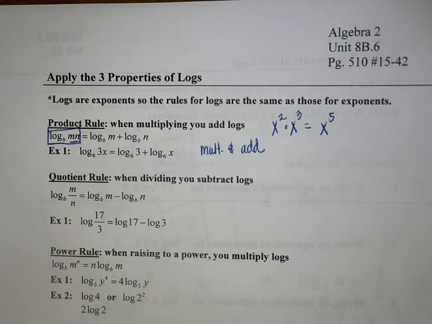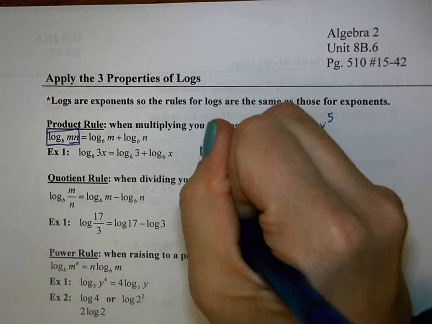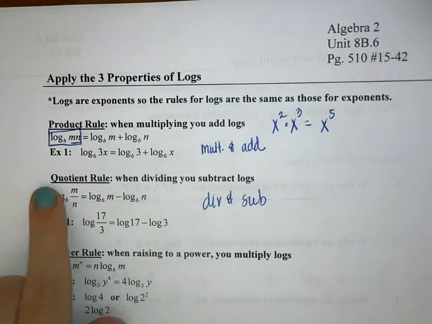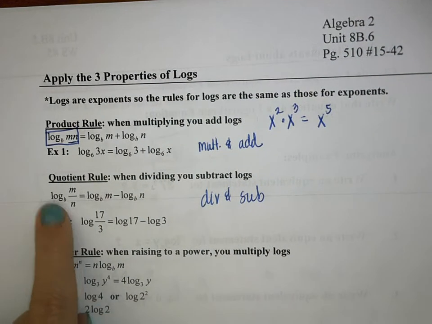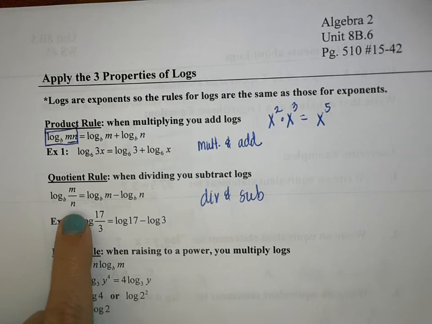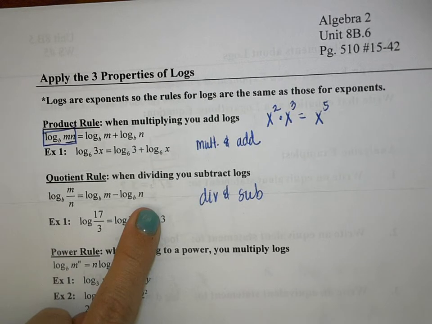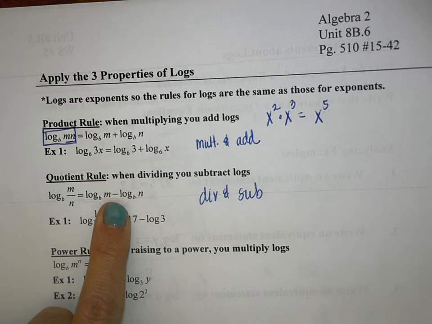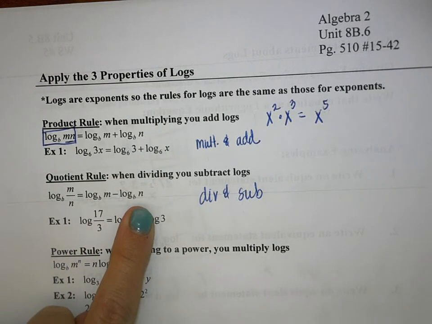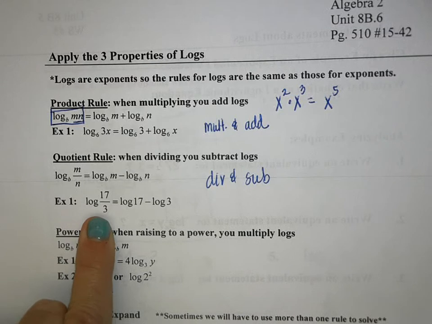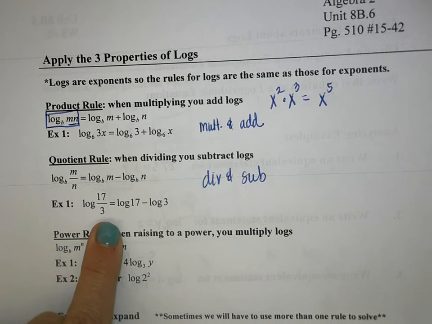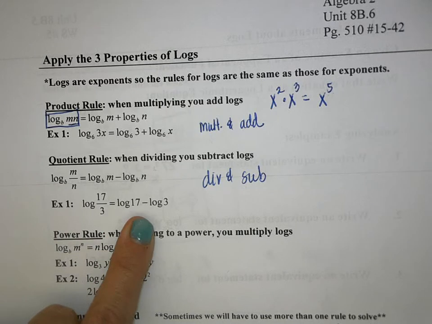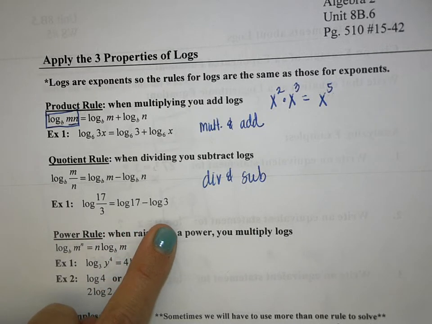Okay, when you get to the quotient rule, when you're dividing, subtracting and dividing go together. So here's the rule. If you have log base b of m over n, that can change to log base b of m minus log base b of n. So here again on this example, log of 17 over 3 can change to be log of 17 minus log 3.